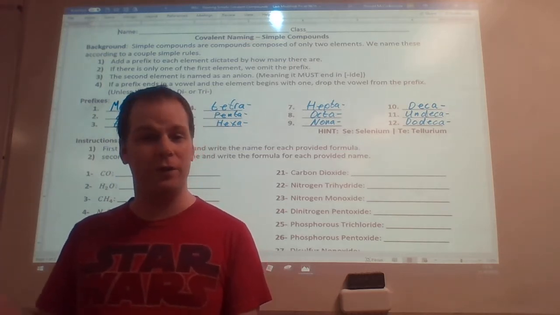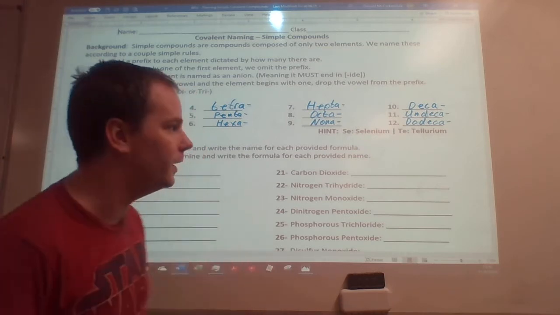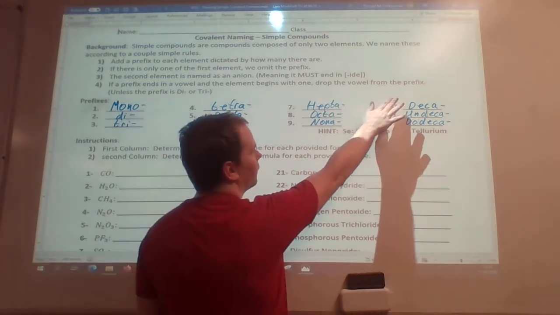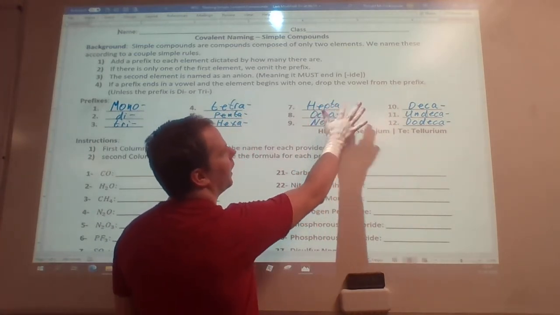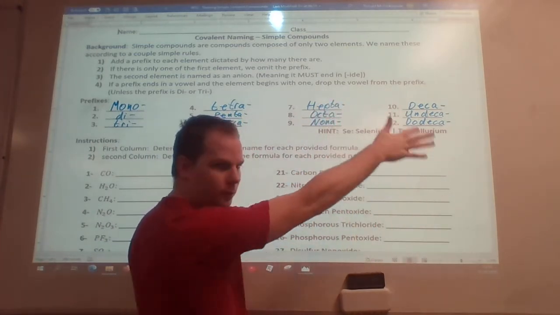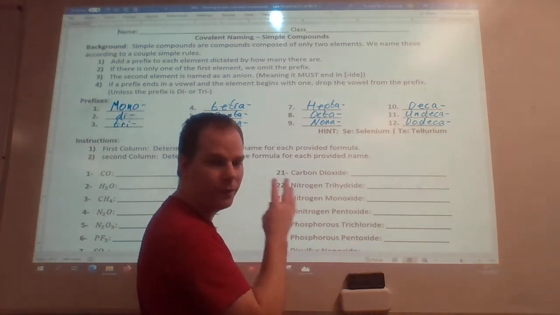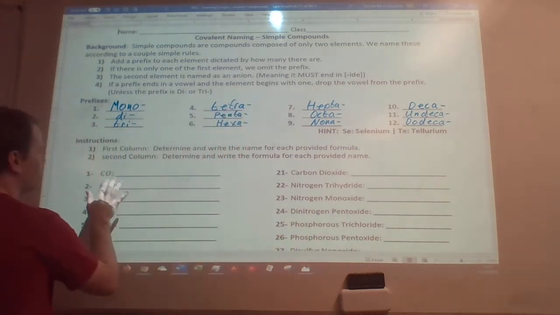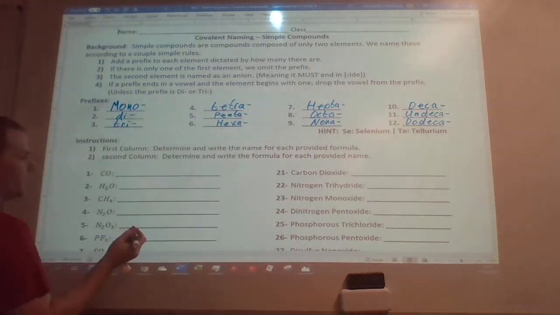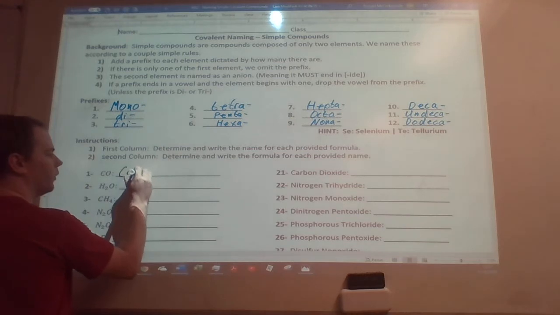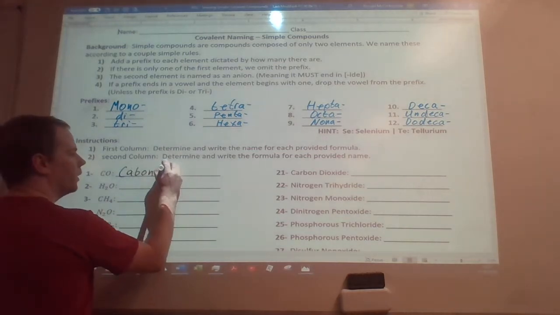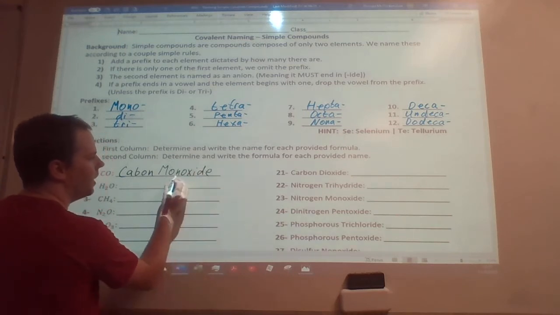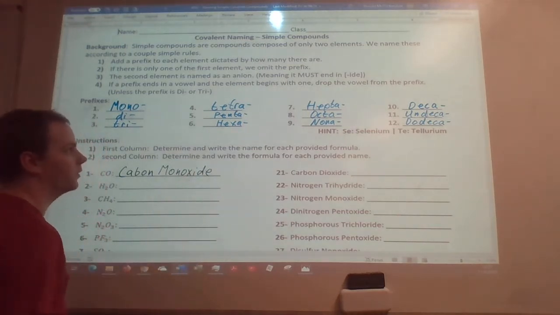So it's not heptaoxide, it's heptoxide. We drop the A off the end of the prefix. So for carbon monoxide, instead of monooxide, it's just monoxide.